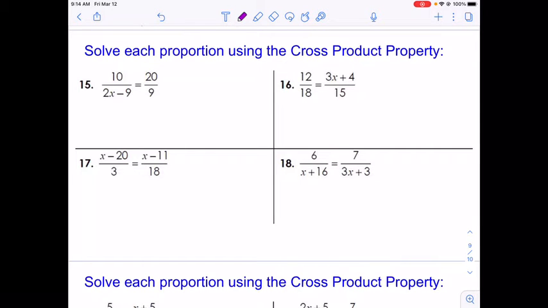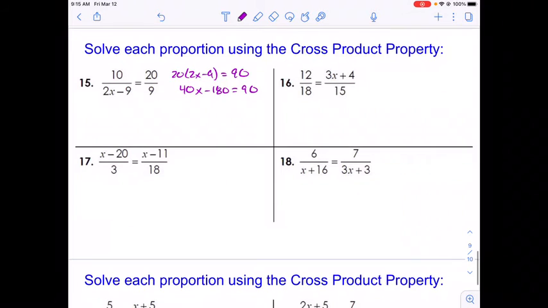All right, so let's make sure you set it up correctly here. So I'm going to get 20 times 2x minus 9 equal to 9 times 10, which is 90. Multiplied by 20, that gives me 40x minus 180 equals 90. All right, so now I'm going to cross multiply here, or I've already cross multiplied.